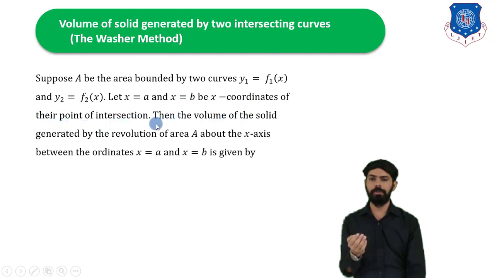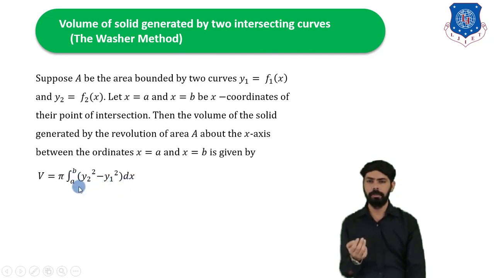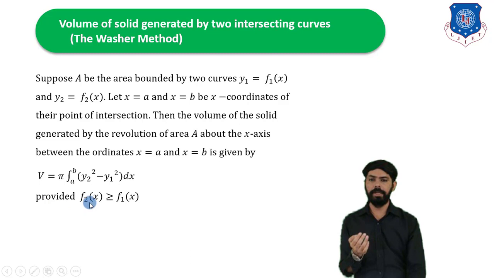Then the volume of the solid generated by the revolution of area A about the x-axis between the coordinates x equal to A and x equal to B is given by volume V is equal to pi integration from A to B y2 square minus y1 square dx. Here limit of x will be from x equal to A to x equal to B, provided f2x greater equal to f1x. So we will apply this formula in example.